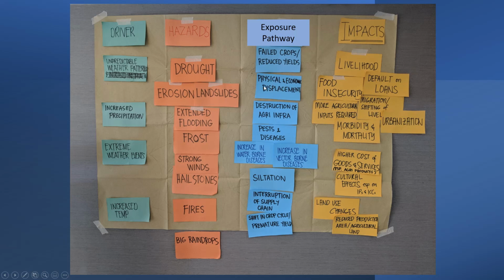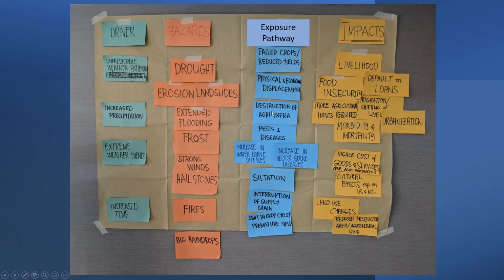I actually would probably move this to impacts. We've got destruction of agriculture infrastructure. That definitely is an exposure pathway. Destruction of agricultural infrastructure may come from extreme weather events, from extended flooding or from landslides. We can definitely see how a landslide or extended flooding could damage some irrigation channels or some other farming infrastructure.